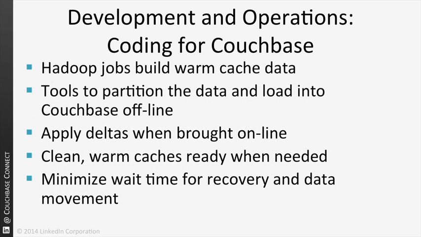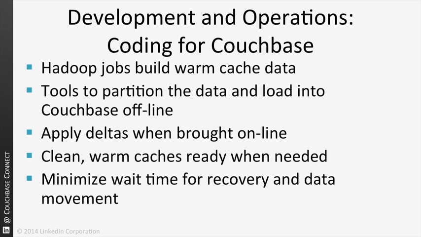Another thing that we've done is some loose integrations with Hadoop. To keep our caches warm, we can do it online, or we can also do it offline. So we have Hadoop jobs that will build our caches offline.